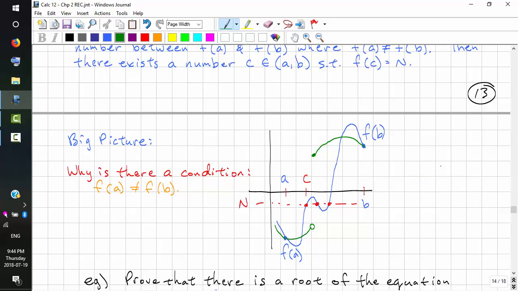Well, if we had a and b, and n has to be between f of a and f of b, we're not going to find a value between a and b that equals n. There's no c anywhere in here where f of c equals n. So that's why we have to have this condition.